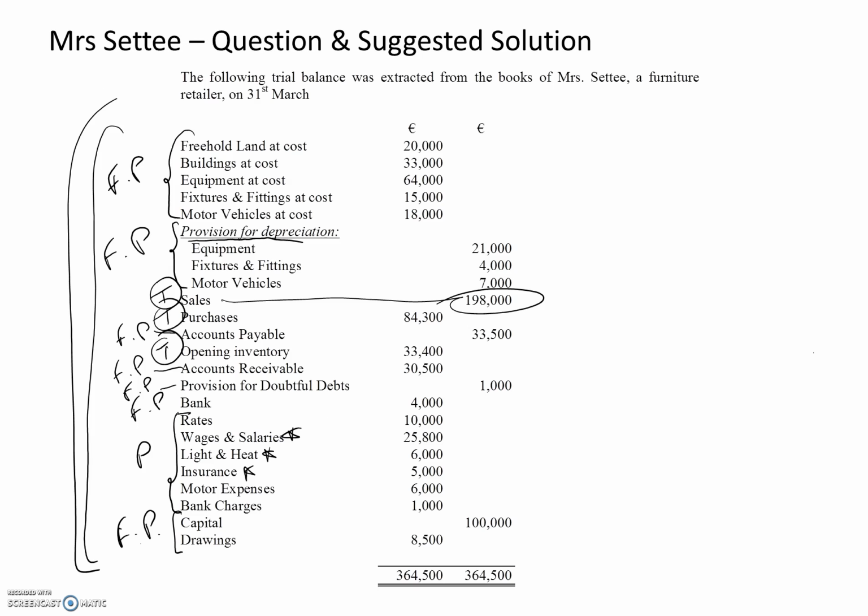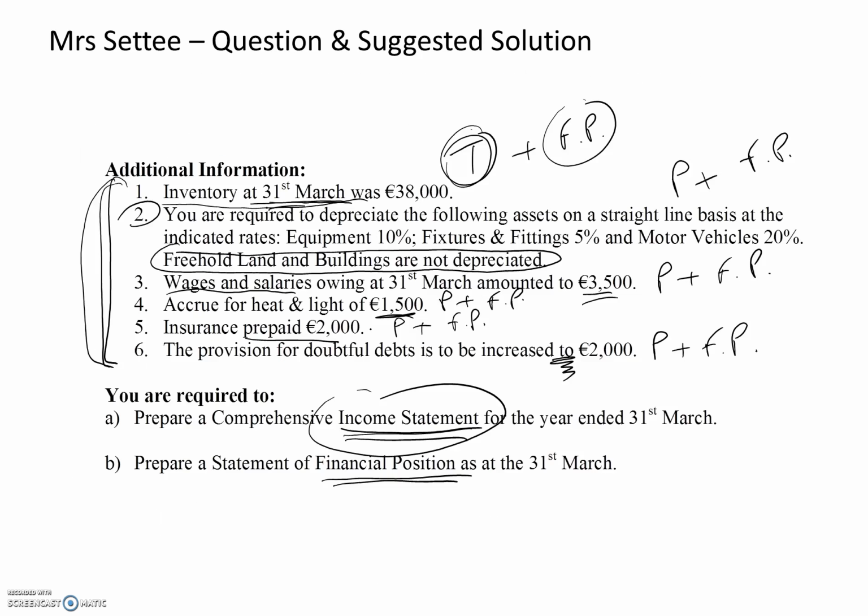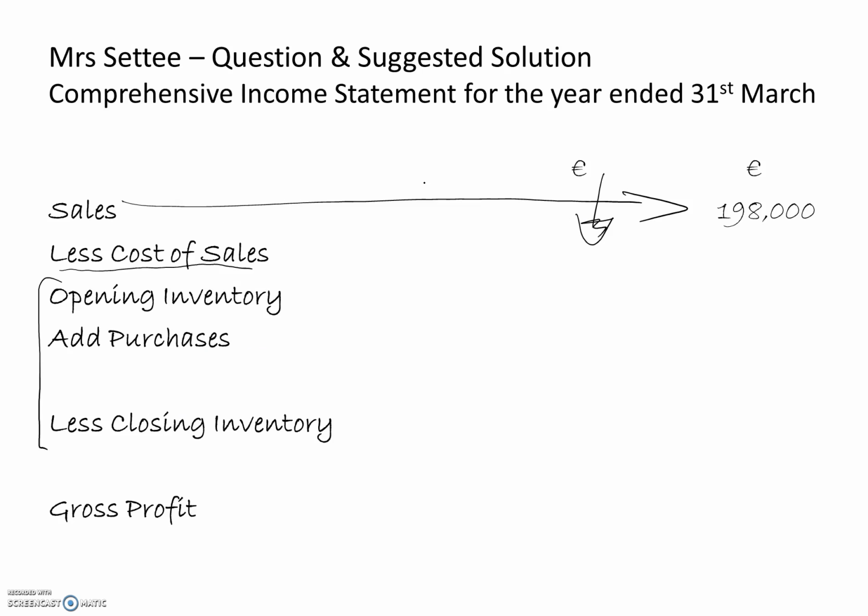So if we go and look at the trial balance, we can see that we have the opening inventory here, the item in the trial balance. We have the purchases figure here, and then the note in the additional information is the closing inventory of 38,000. So I'll pop those numbers in.